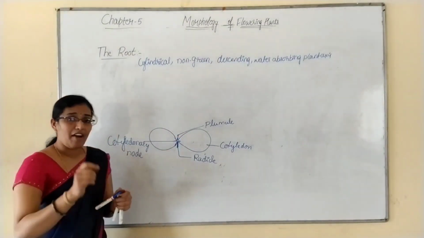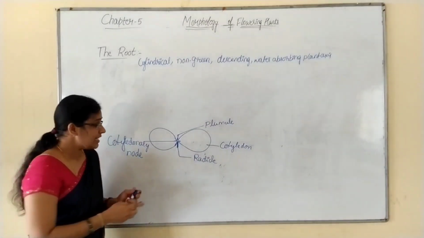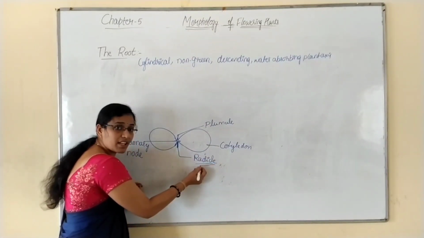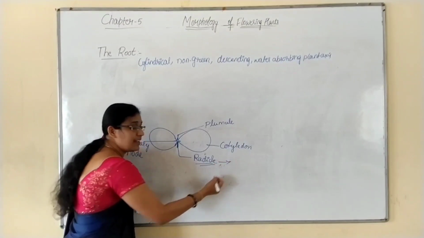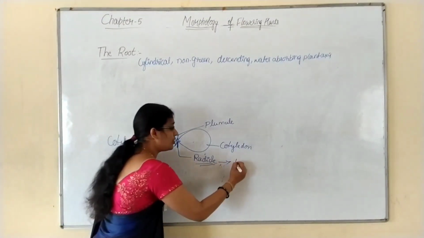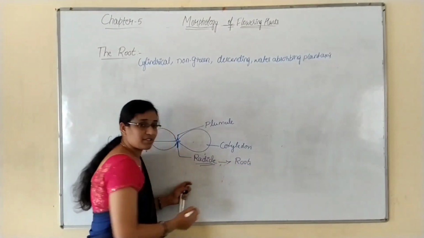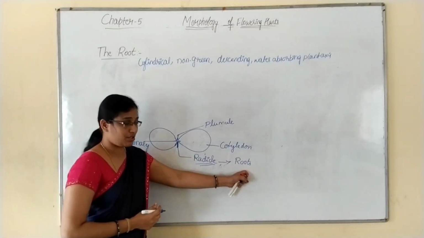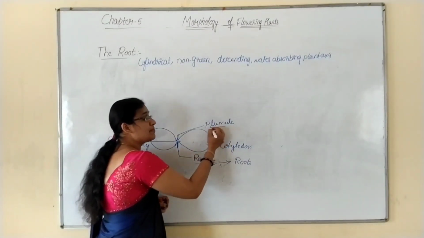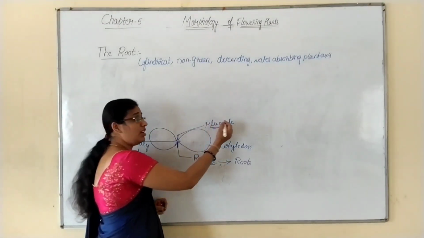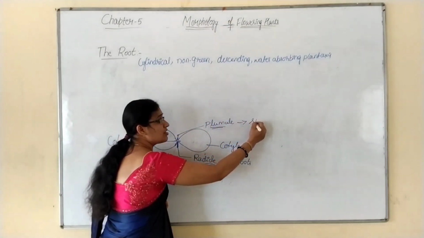See here, after seed germination, this tip, the radicle, develops into roots or gives rise to the formation of roots, whereas this plumule gives rise to the shoot.